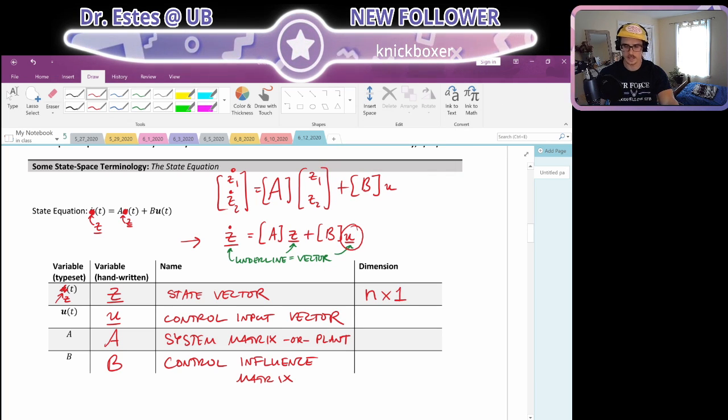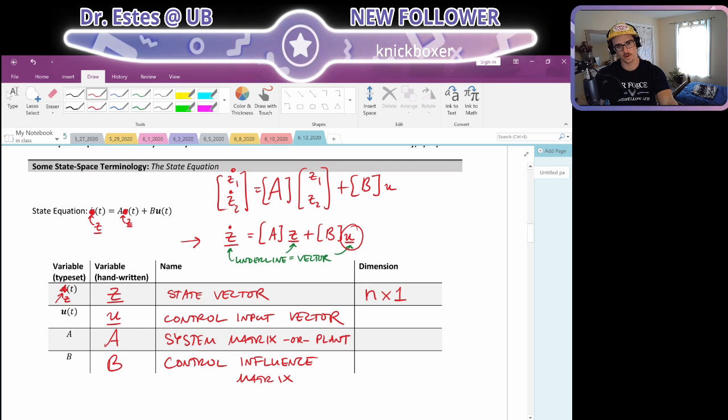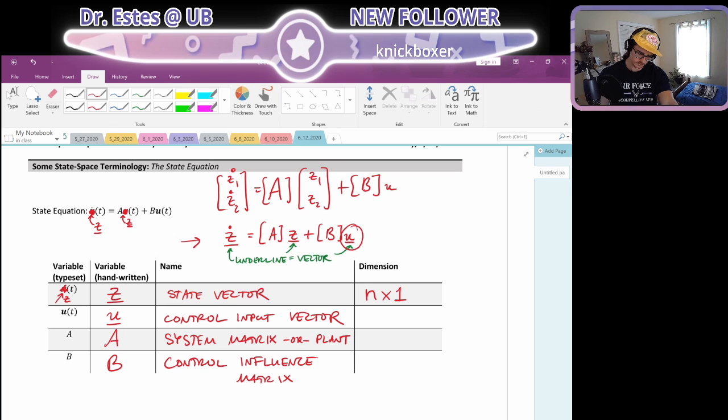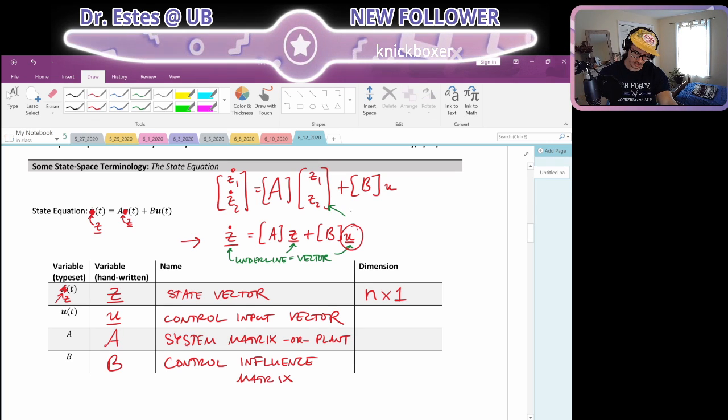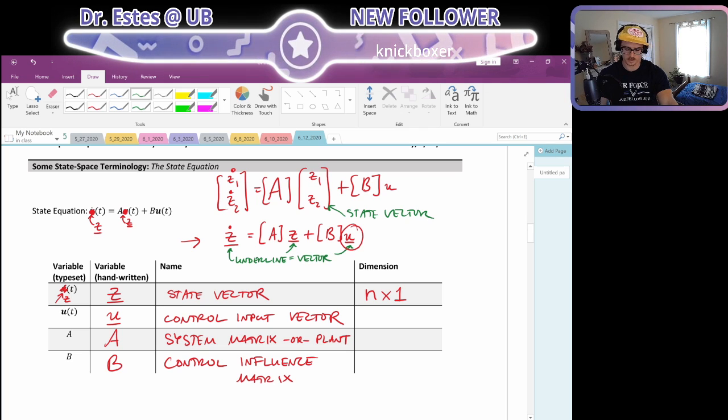So it's going to be an n by 1 matrix. N rows, 1 column. So if you look up here, that was a second order system. Our state vector was 2 states stacked on top of each other. So it's 2 by 1, where n is equal to 2, the 2 states.